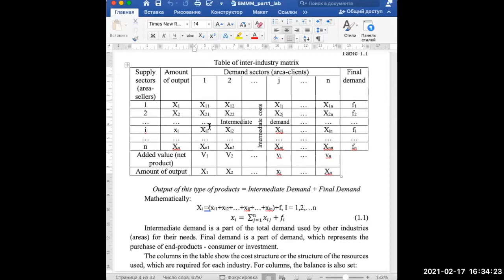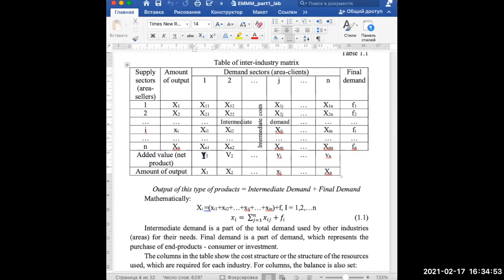Good, but when we produce our products, we need not only raw materials, we also need some equipment, we need some buildings, we need labor. So all these components we include in such an economic indicator which we denote by V, and it's called added value or net product.